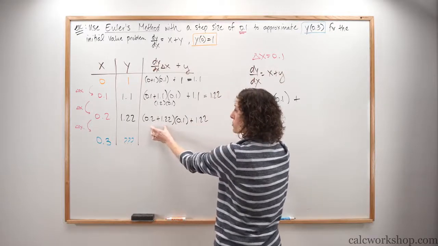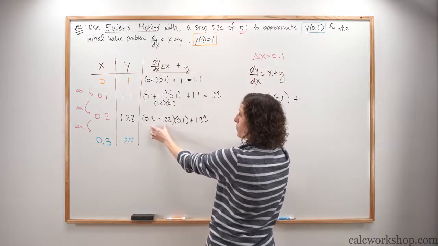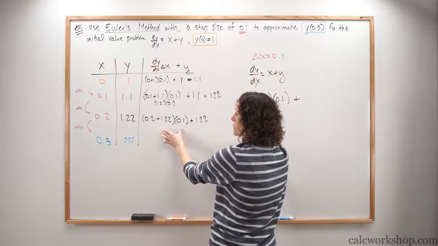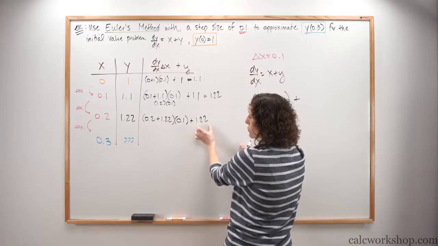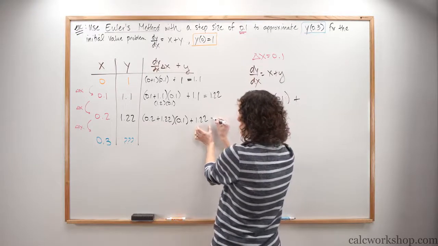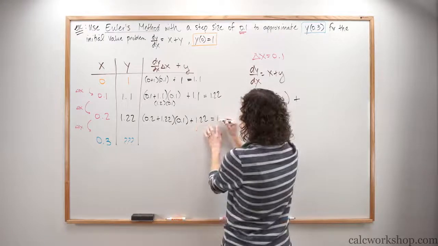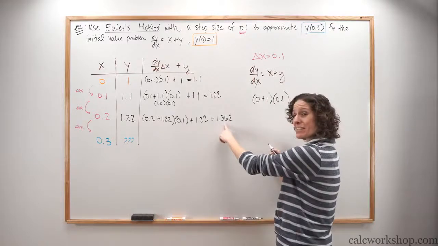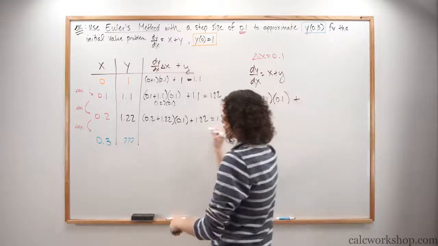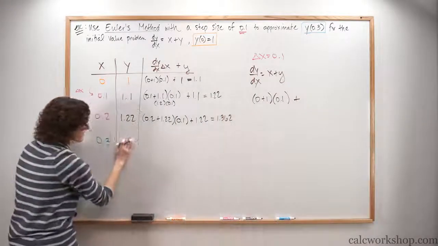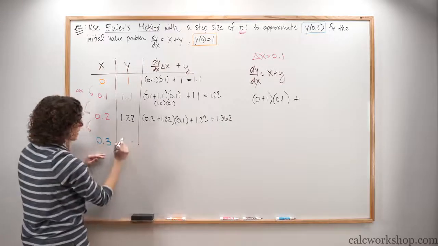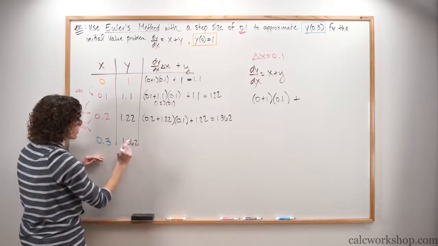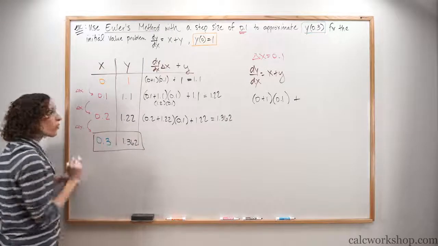When we add these two numbers together, we get 1.42 times 0.1. And then you add it to 1.22, and you get the final answer of 1.362. Now, this is the new y value that's going to go into here. This is now our next line of 1.362, which is what we wanted.